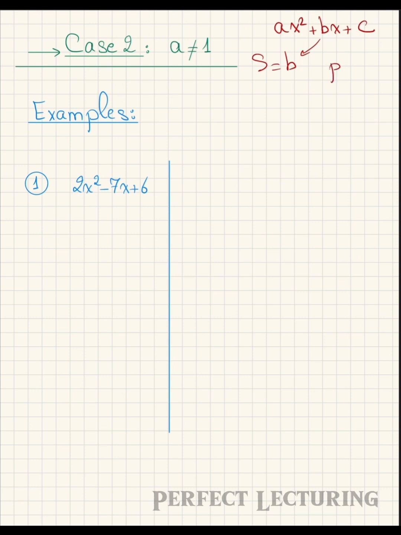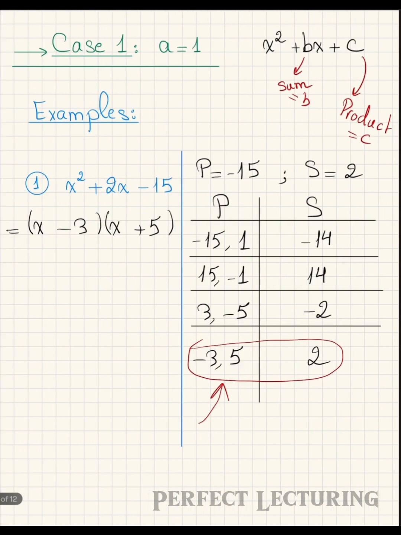However, the product is not only c, it is a times c. So the product must be a times c. Now this is a more general case. In the previous case, it was the same thing, but since a was 1, it's not necessary to say that the product is a times c, because a is always 1 and 1 times c is c. So this is why we just say that the product has to be c.